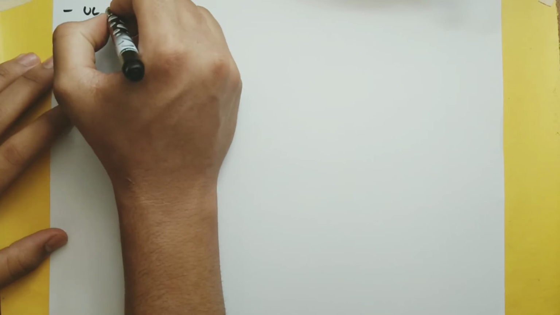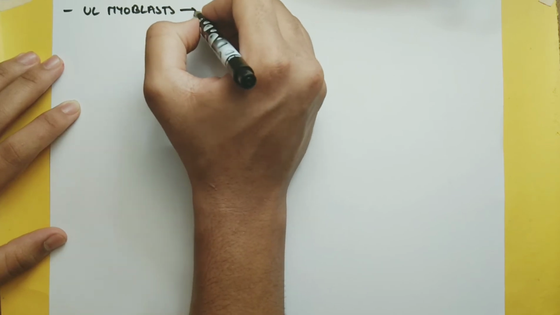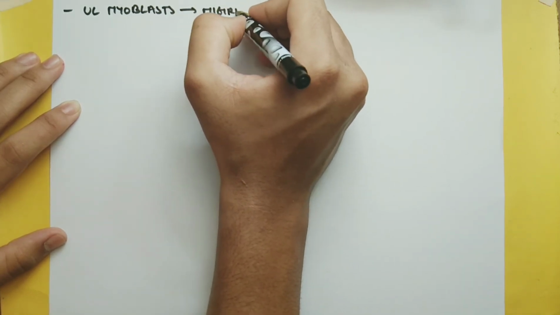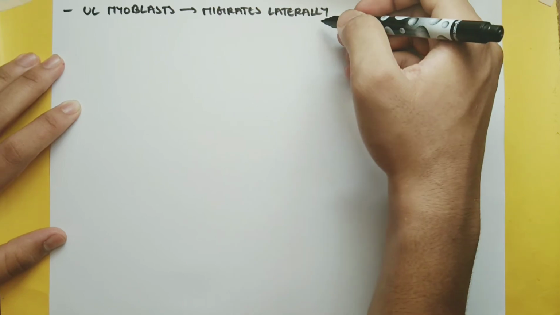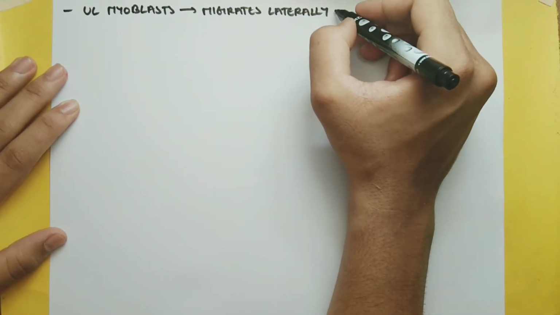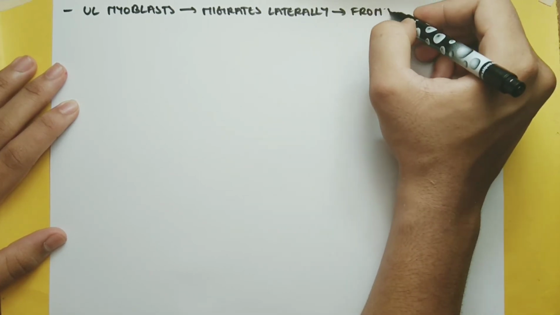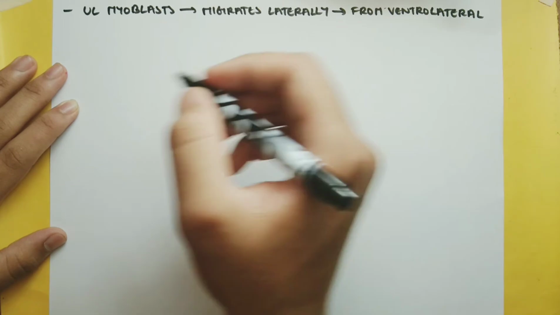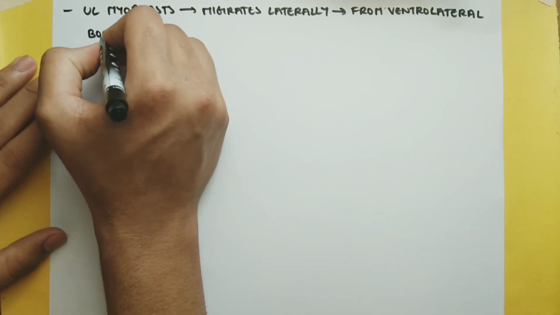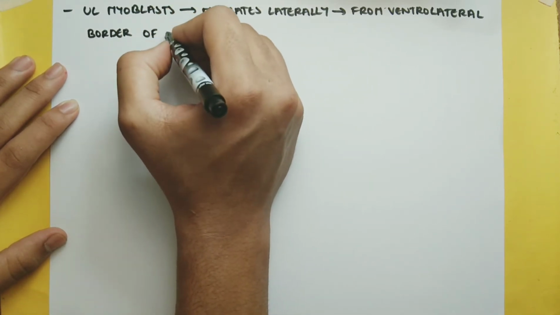The myoblasts of the upper limb, those migrate laterally from the ventrolateral border of cervical dermomyotomes.